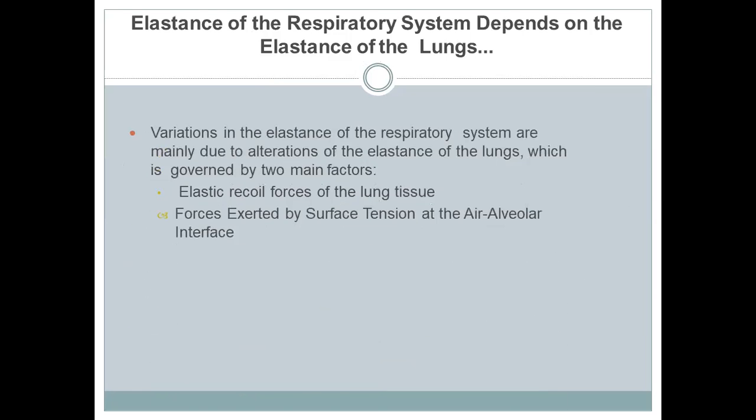So the power of the muscle has to overcome this much resistance. The variations in the elastance of the respiratory system are mainly due to alteration in the elastance of the lungs. And up till now, you might know that lung elastance is governed by two main factors: the elastic recoil forces of the lung tissue and the forces exerted by surface tension at the air-alveolar interface. So any change at the surface tension level or in the elastic recoil forces of the lung tissue itself is going to affect the elastance of the whole respiratory system.